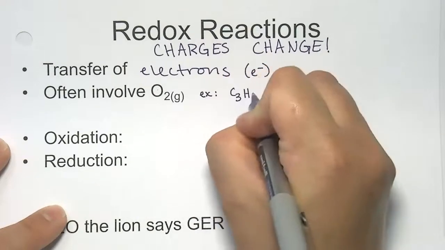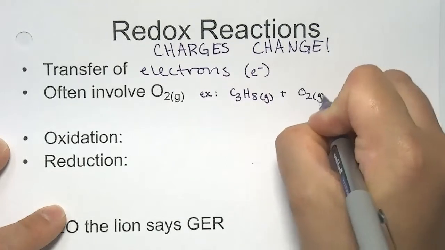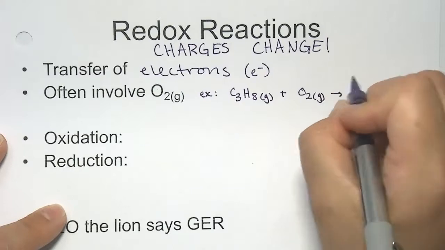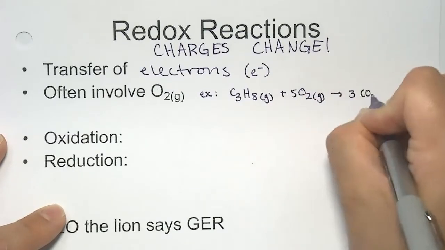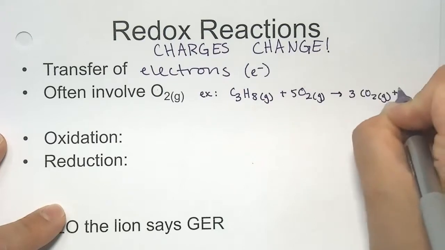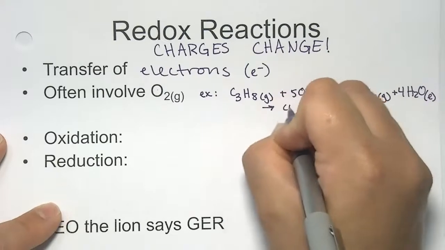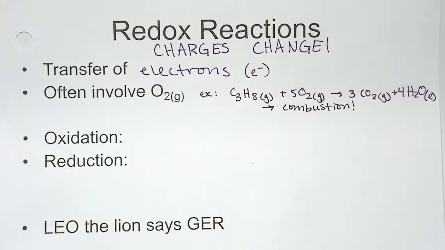So when you burn propane in oxygen, you make CO2 and H2O. And it makes 3 CO2 and 4 H2O. So this combustion reaction is a good example of a redox reaction. And we'll go through and see how the charges change briefly.